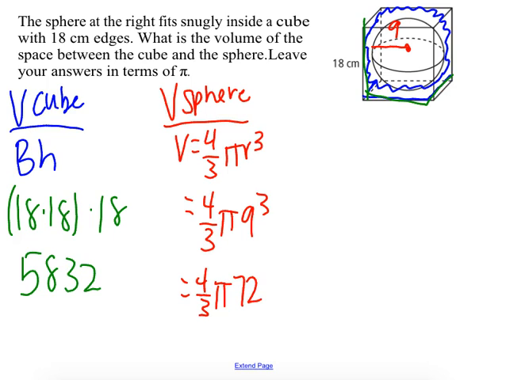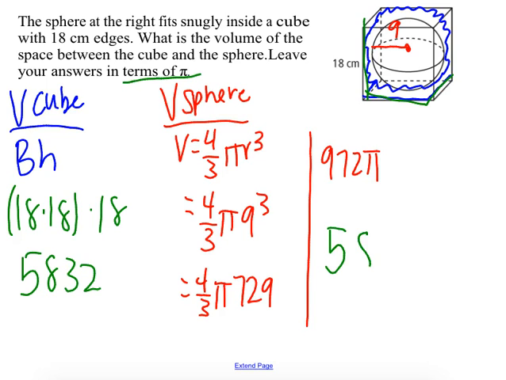It's 729. 4/3 of 729 gives us 972 pi. So then we want our answer in terms of pi. Well, it's pretty simple here. 5,832 minus 972 pi centimeters cubed.